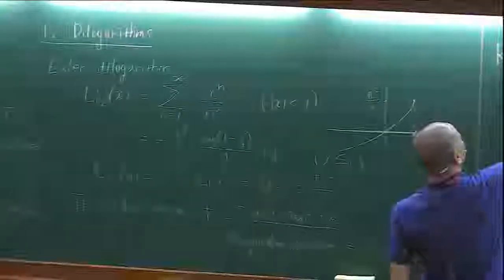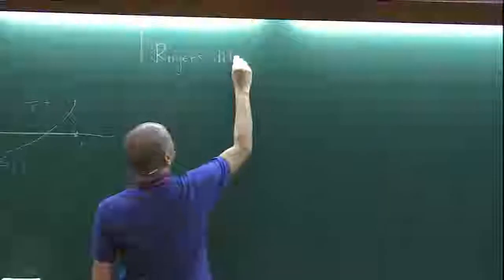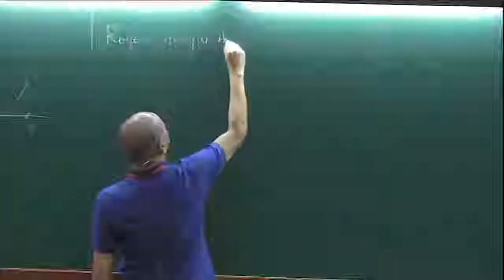Now, before giving an example, I introduce the second variation of the dilogarithm. It is called the Rogers dilogarithm. This Rogers is the famous Rogers of the Rogers-Ramanujan identity, and it already has a history of more than 100 years.